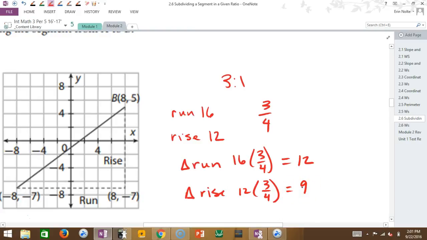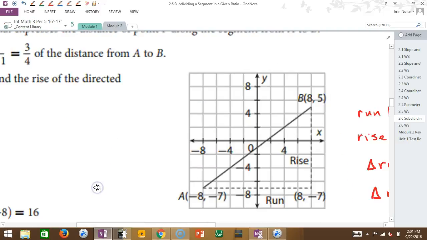So this is the movement that I'm going to make to get to my spot on the line. I'm going to go from -8, -7, and remember that this is going by 2s. If I'm going to run 12, that's really going to be like 6 units, right? So 1, 2, 3, 4, 5, 6. So you land right there.